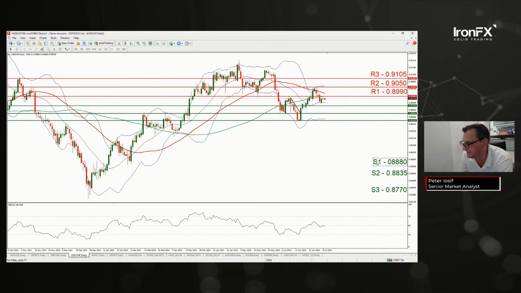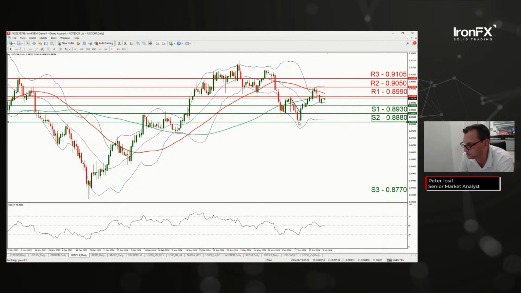The S1 to be placed at 0.8930. The S2 at 0.8880. And the S3 slightly lower, just to meet the trough here, at 0.8825, sorry.